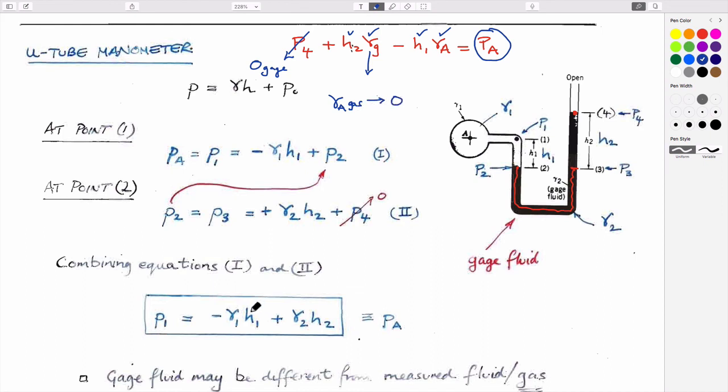And if this goes to 0, then this term here would be 0, this term here would be 0, and we can do the calculation merely as a function of the difference in elevation between the two levels of the gauge fluid, which is typically what's the case. So if you're measuring pressures in gases, then this differential pressure is just the height of this column between these two legs.